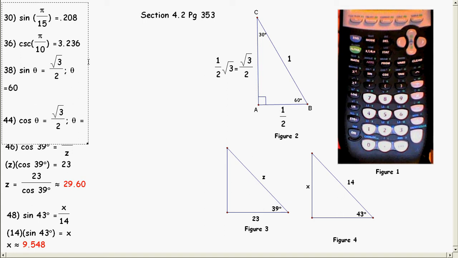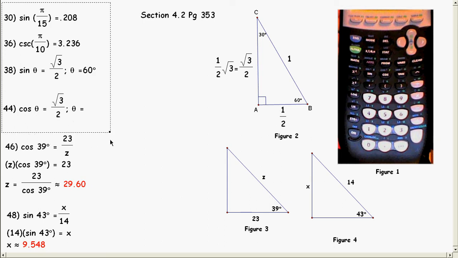It's important to remember that 60 degrees times pi over 180 is going to give us our radian measure.